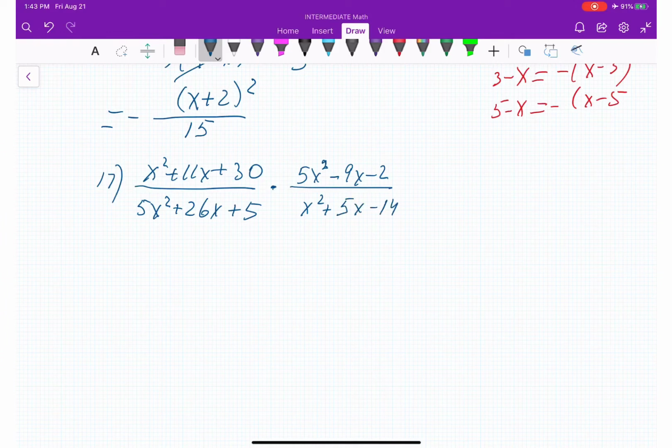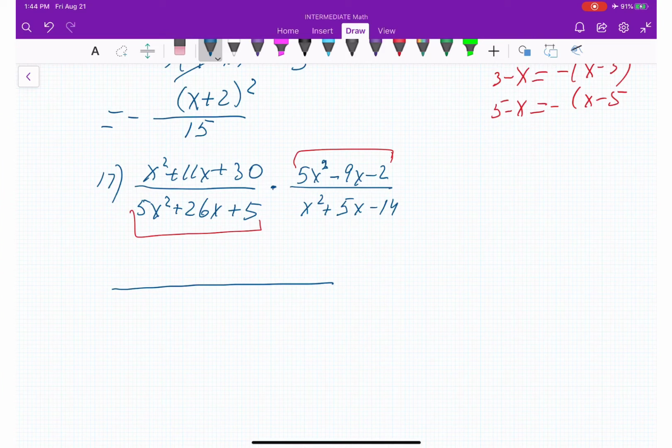All right. Well, this one we have to get some patience because we have to factor down this one long way and this one long way. Okay. Let's go. So what do we get?